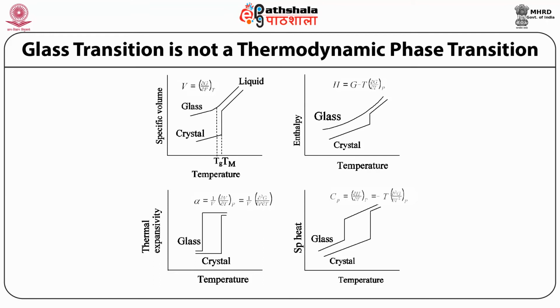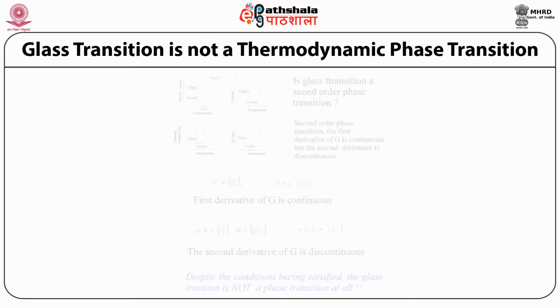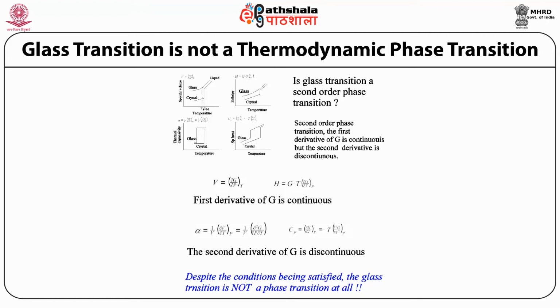On the lower right corner, you can see the variation of specific heat with respect to temperature, and the expression is Cp = ∂H/∂T at constant pressure, which in turn is also equal to −T ∂²G/∂T² at constant pressure. These changes are compared for glass formation and crystallization in this figure.